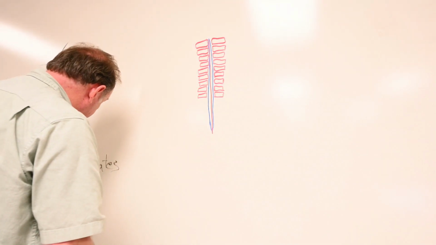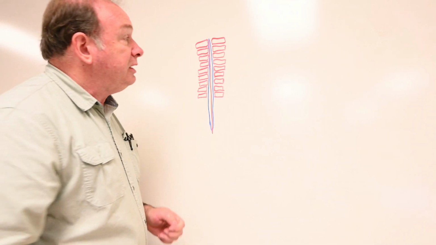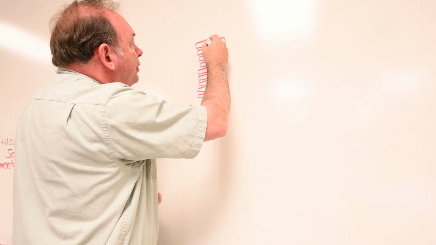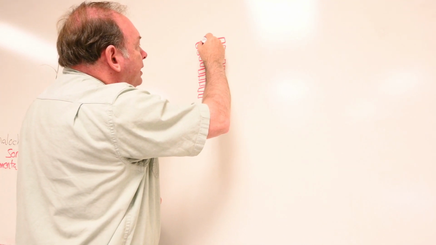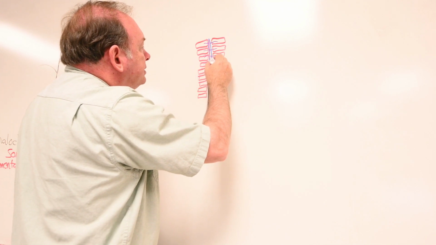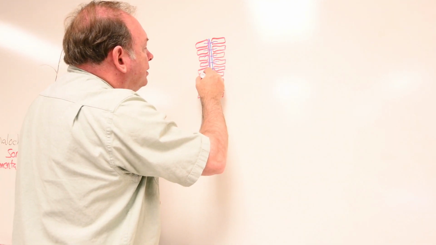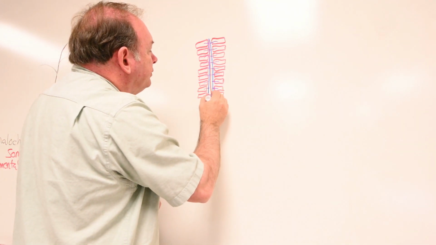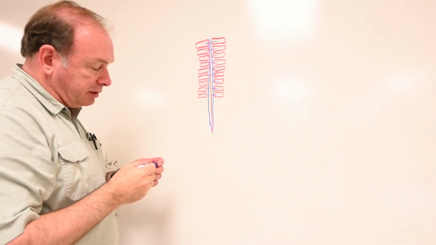The segmental nerves, it just stands to reason that each of these muscle bundles out here would be supplied by a nerve from that nerve tube out there. So there's innervation that goes into each of the somites, from the neural tube to the somites, segmental nerves to the somite bundles that are growing out there.